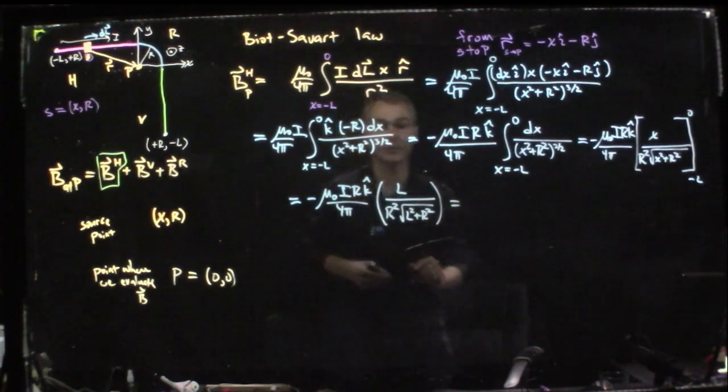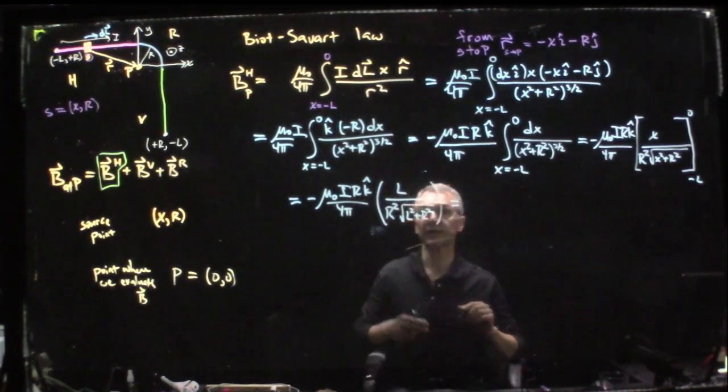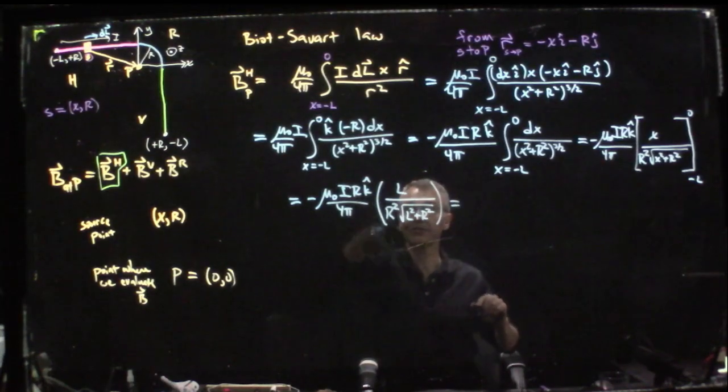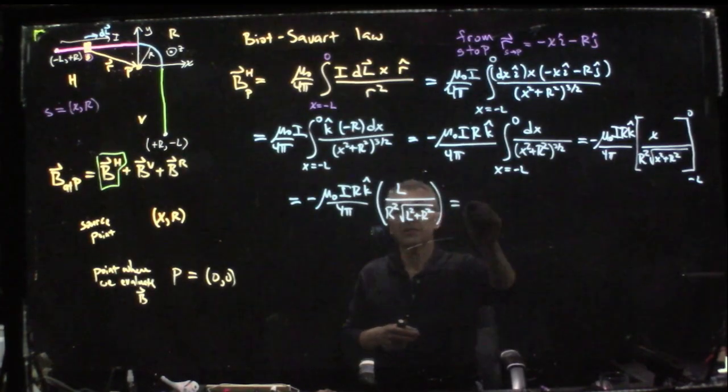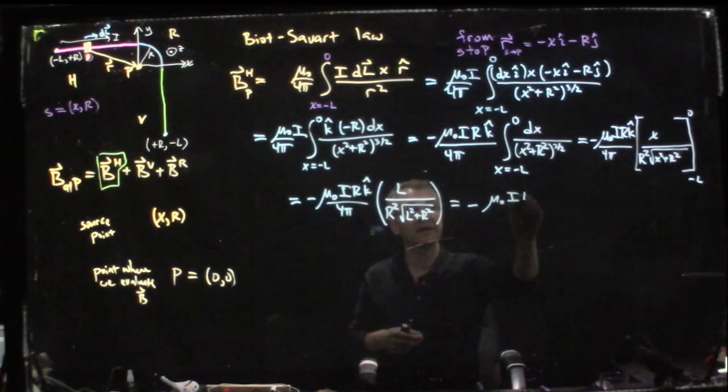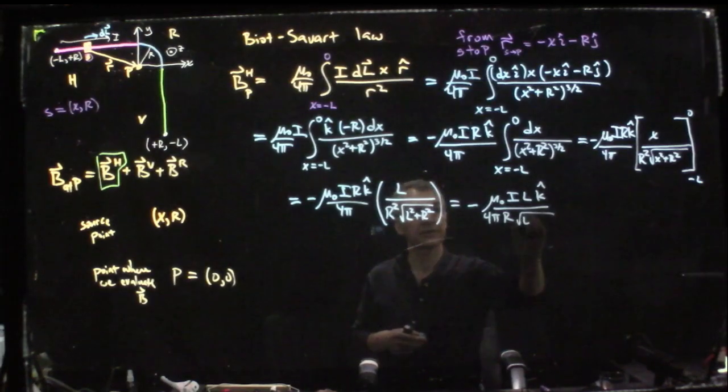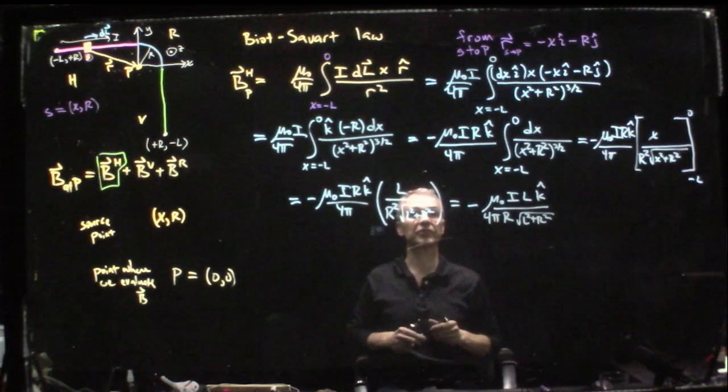Okay, and I think there's a little bit of simplification we can do. We can cancel one factor of r. So this is minus mu naught I L k hat over 4 pi r root L squared plus r squared, which is kind of an ugly expression.